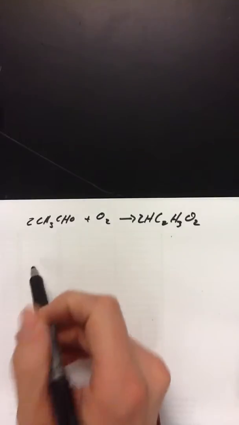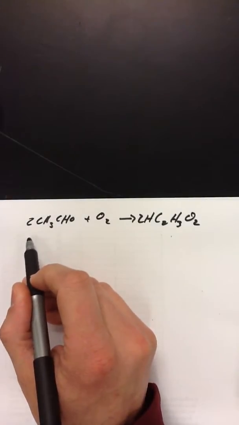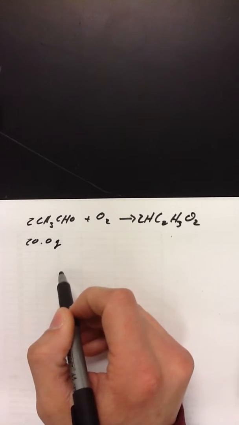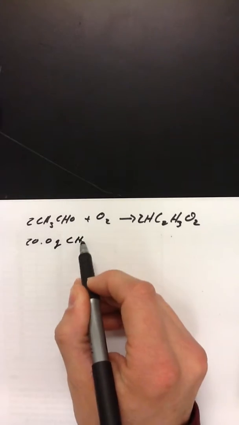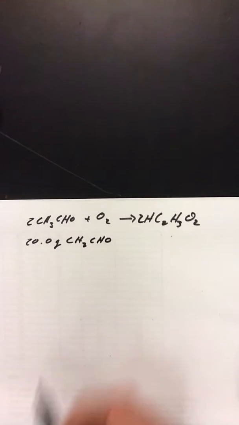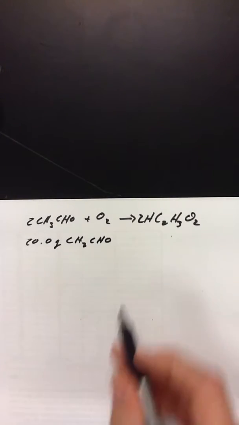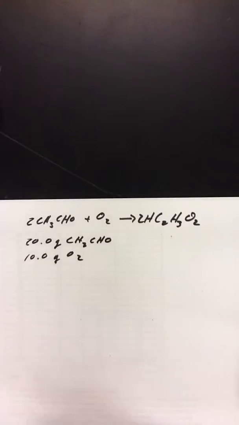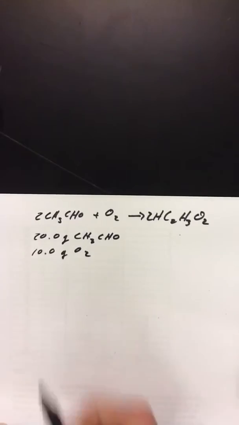So here's what we're given. We know that we have a starting amount of 20 grams of CH3CHO, or acetaldehyde, and we have 10 grams of oxygen. For this example, we are asked 2 questions.